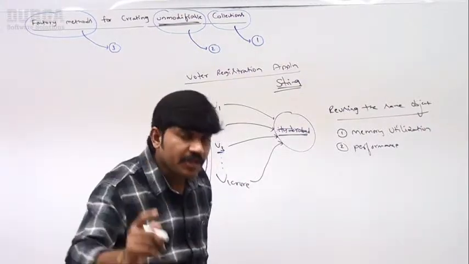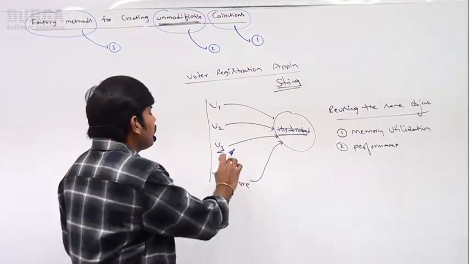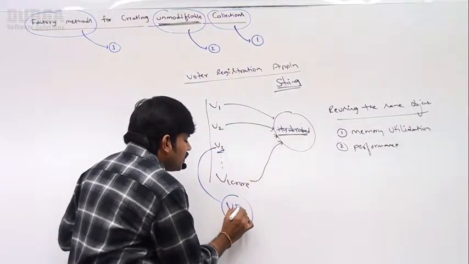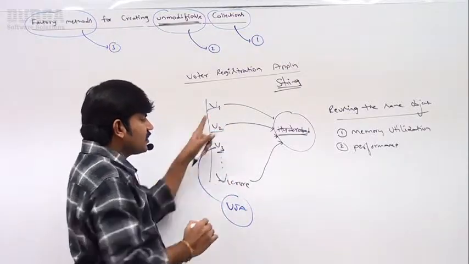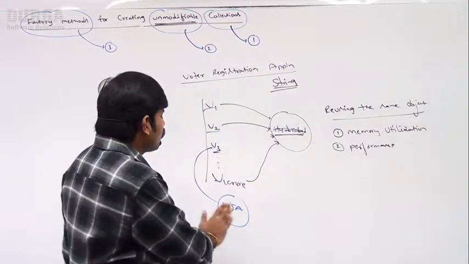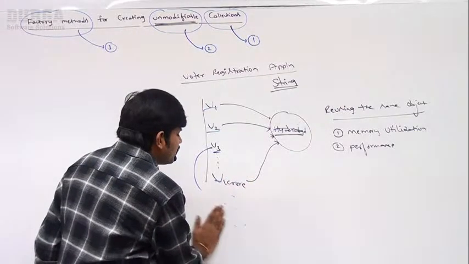By mistake, if any person tries to change the content, he may go for a new object, so that existing references are not going to be affected. Clear for all of you? Okay, this is the thing which happens in the case of string concept, right?